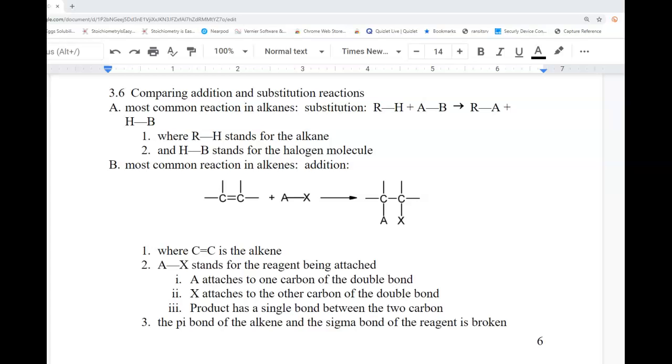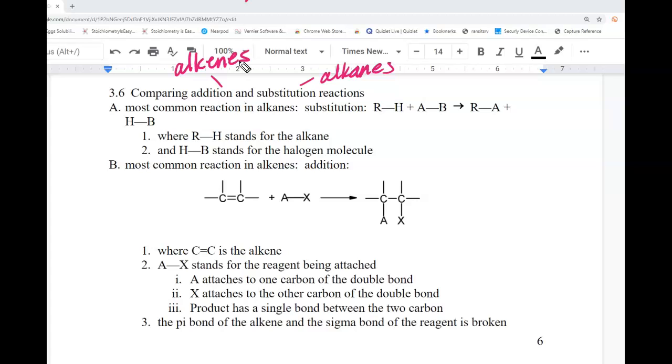We're going to be talking about the comparison of addition and substitution reactions. If you remember, alkanes underwent substitution reactions, and we're going to be comparing that to the type of reaction that alkenes mostly undergo, which is addition reactions.